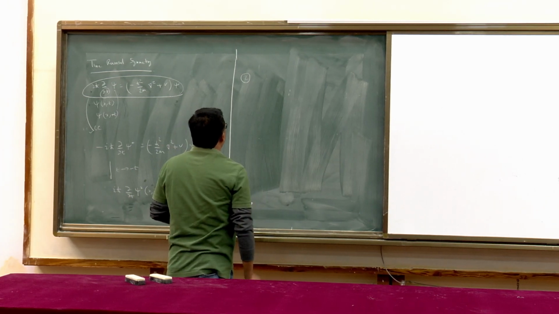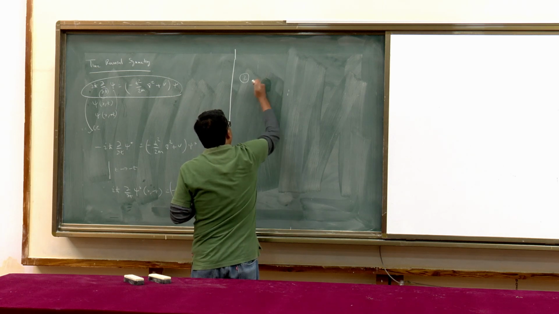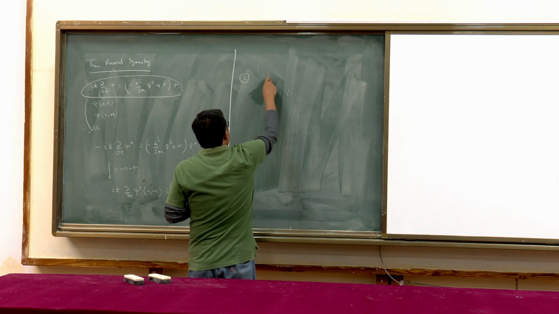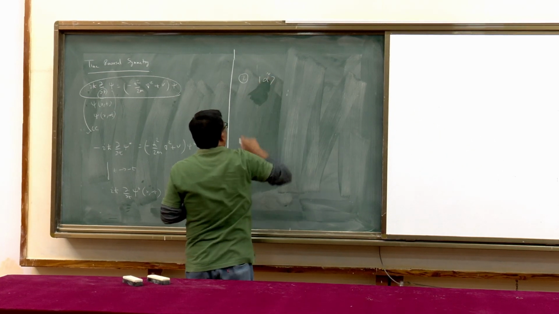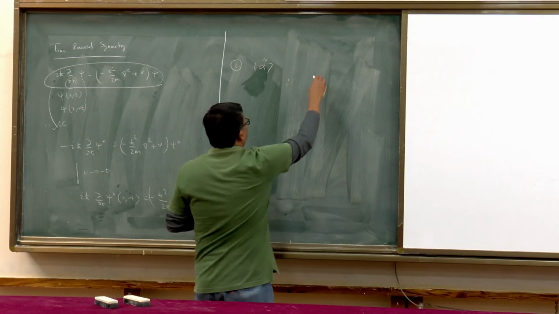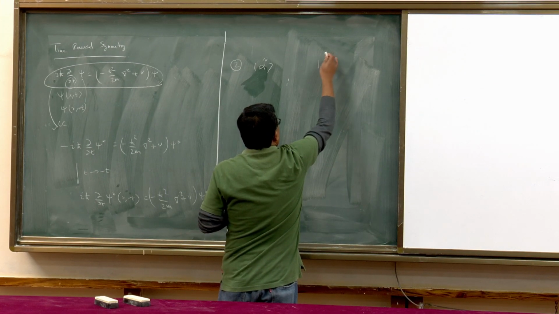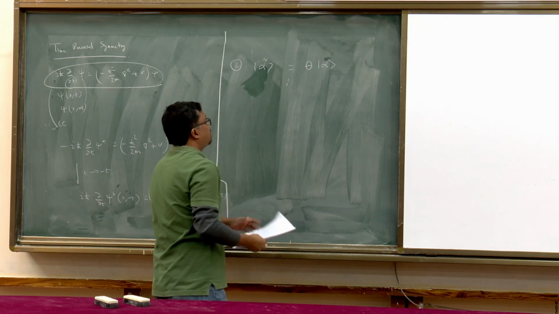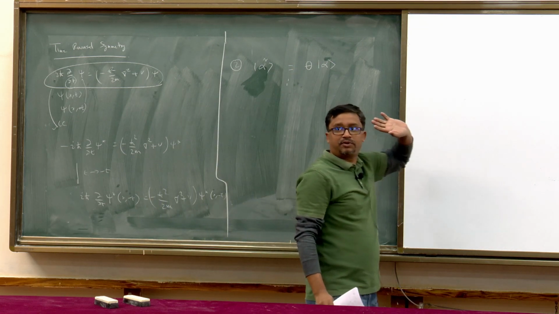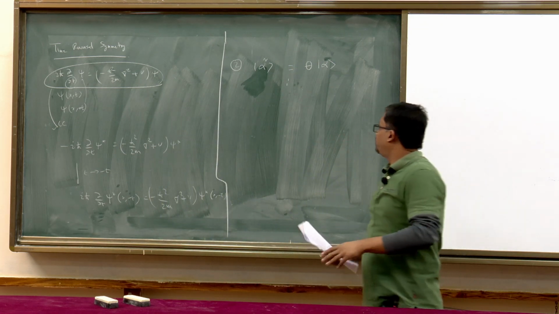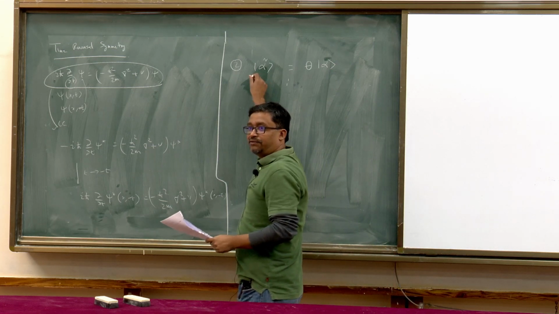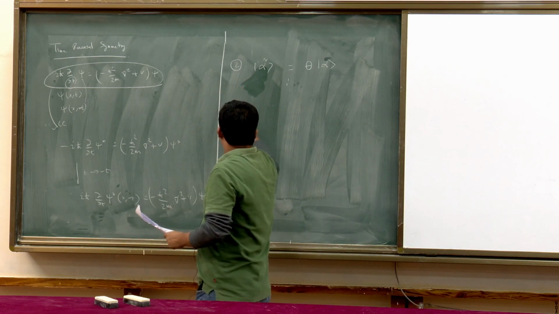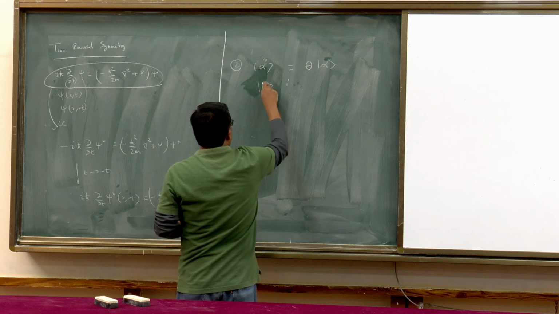So, we will have two properties. One is that, let us say we start with some state alpha, okay, and then we operate this with some operator which we will call the time reversal operator, and we get a transformed state alpha tilde. Similarly, we do for beta.